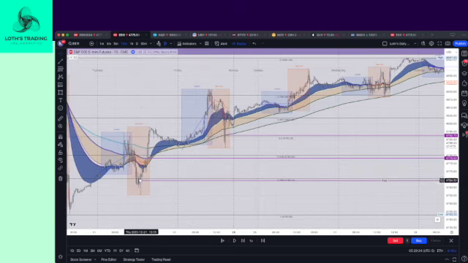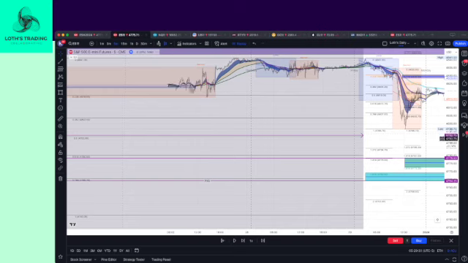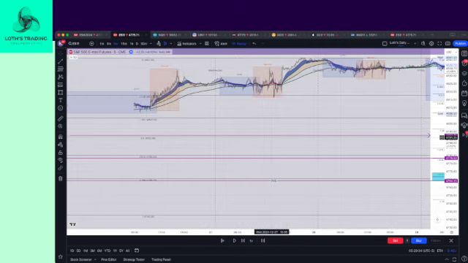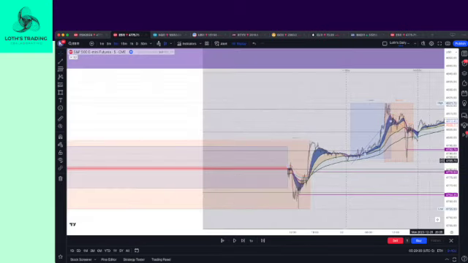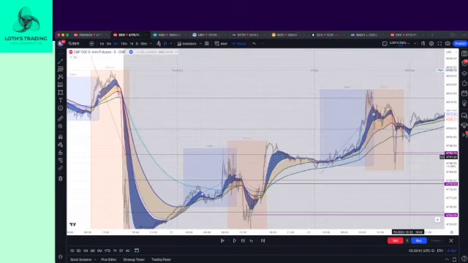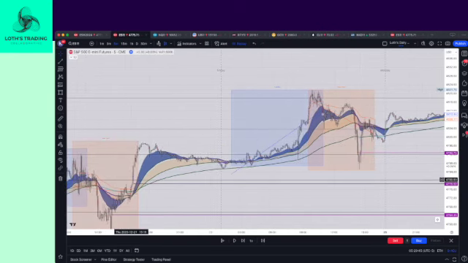If you zoom in on the 5-minute or even the 1-minute, you'll see a very clear fair value gap, or imbalance between buyers and sellers. There was one right here that was unfilled, another one right here, and yet another one down here.